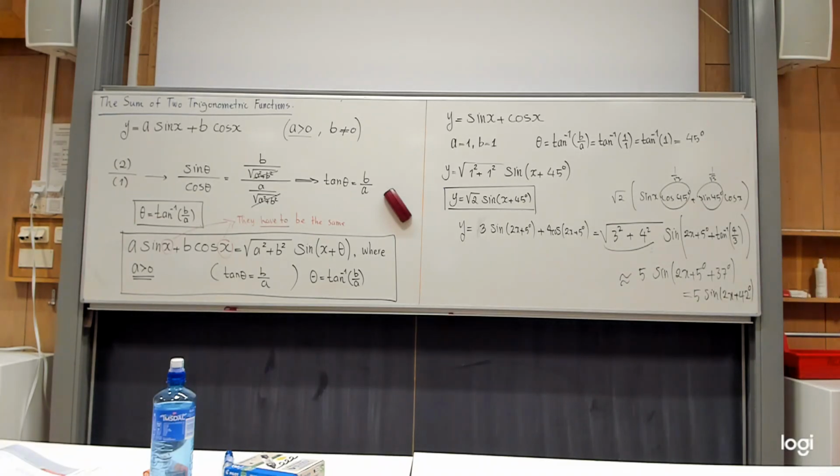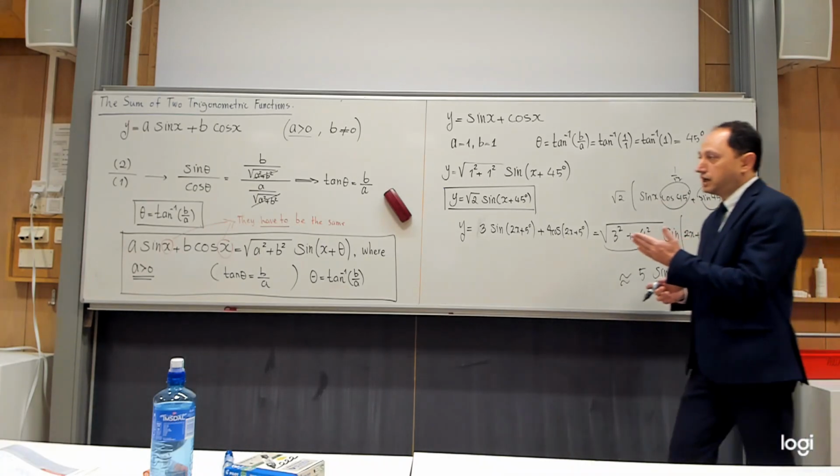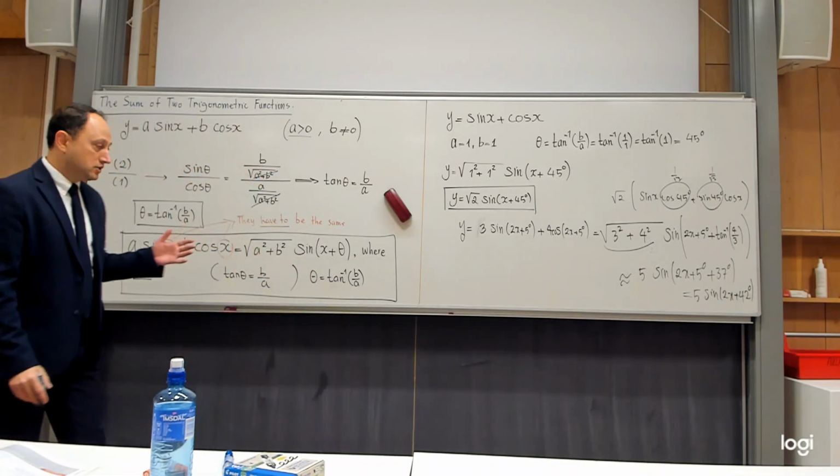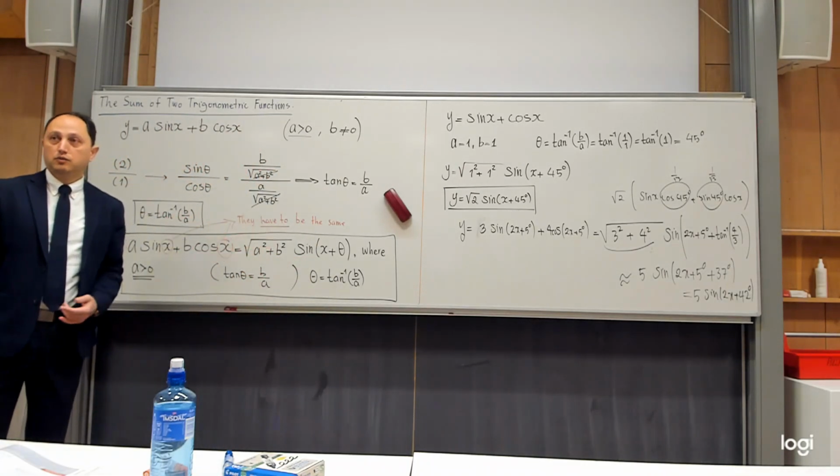Something like that. Or if I ask you to write this as a cosine function, what do you do? This formula only writes this combination as a sine function. But if I insist on writing it as a cosine function, then what do you do?